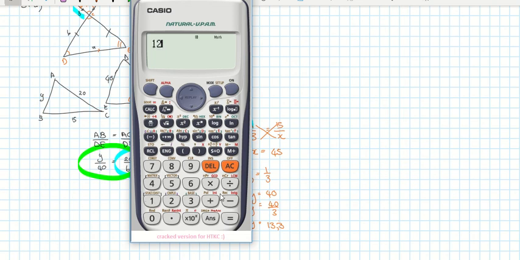Now I'm going back, so I'm going to say 12, but I'm not going to multiply by 3. I'm going to multiply by its inverse. So I can either divide by 3, or I can multiply with its reciprocal, which is 1 over 3, and then I get my answer, which is 4. Okay, are we clear on that?